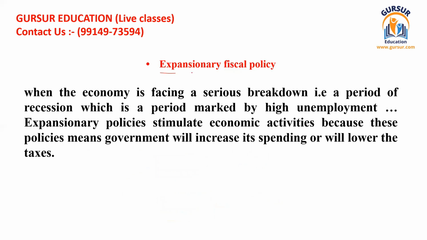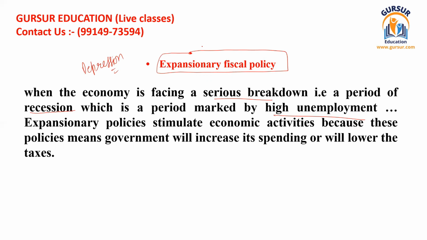The first is expansionary fiscal policy. When there is a serious breakdown, a period of recession, or high unemployment in the country, you can simply say when there is a period of depression in the country, then expansionary fiscal policy is brought up by the government.